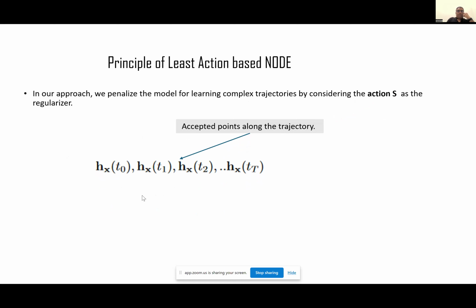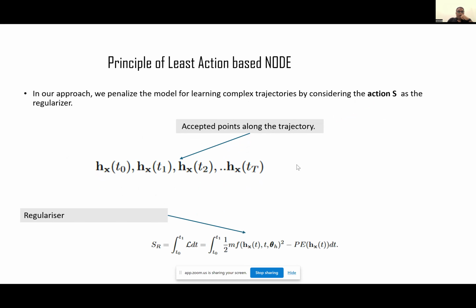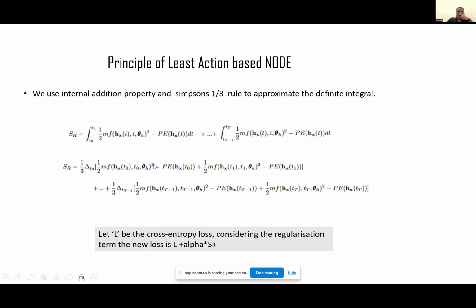In this approach, we want to penalize the model for learning complex trajectories, right? So during training, let's say these are the hidden representations and these are the time steps accepted by the solver. We want to consider this as a regularizer, and after some manipulations, using the properties of integral addition and Simpson's 1/3 rule, we can compute that integral.